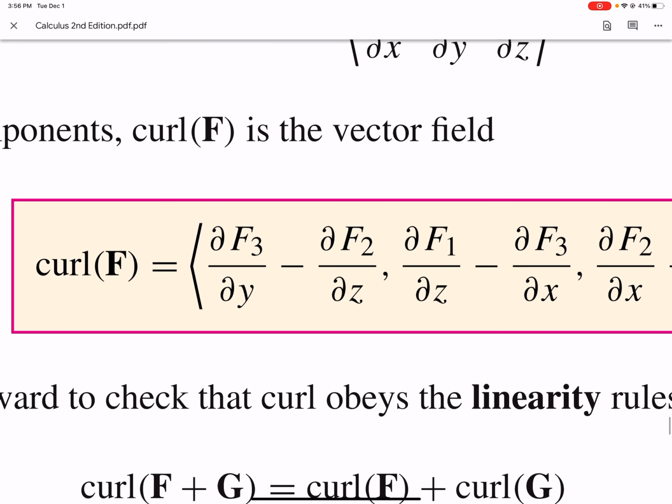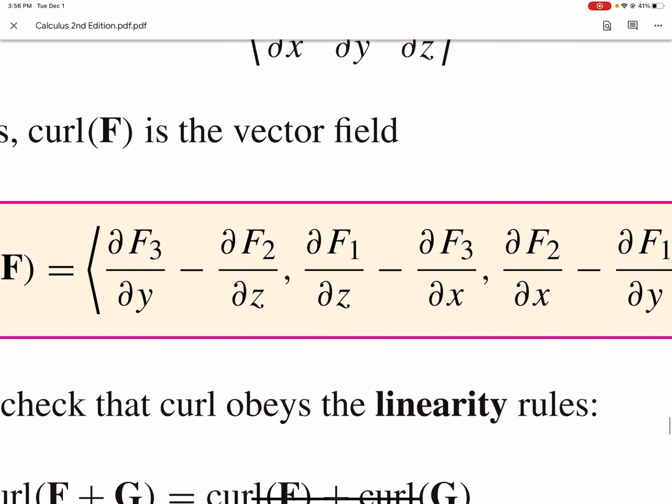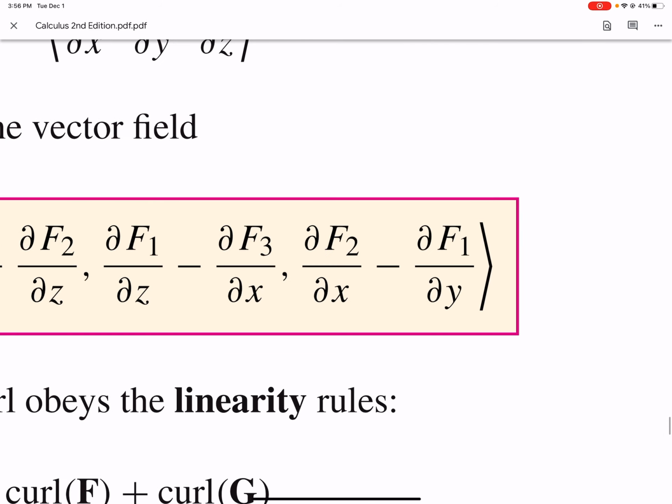In that x slot, there's a df3 dy and a df2 dz, but there is no df1 dx function in there. Similarly, in the middle slot, there's an f1 with z and an f3 with x, but that's in the y slot. It doesn't use the y function, f2, and it doesn't use the y variable at all. And in the third slot, the z spot, we're not using f3, which would be the z's corresponding quote-unquote function, and we're not using the z variable either.